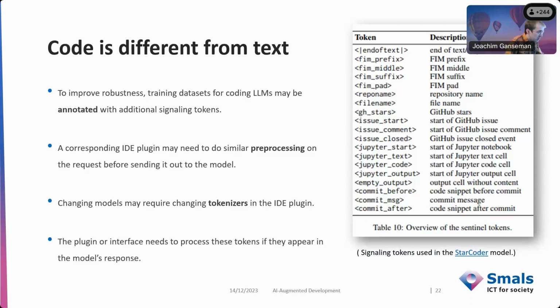It's important to know that code is not the same as text, and generic language models that produce text benefit if they are adapted or tailored or fine-tuned to the specificities of computer code. What do we want to do with a data set of computer code in order to make a model work better? We want to annotate it. We want to add some side information in the form of, for example, signaling tokens. These can be very simple things.